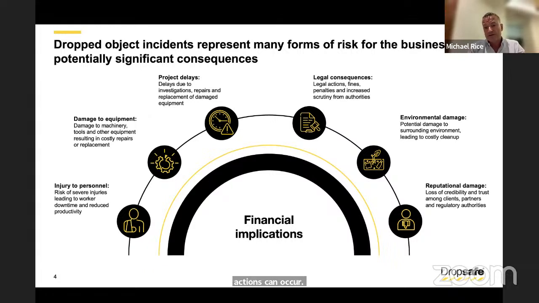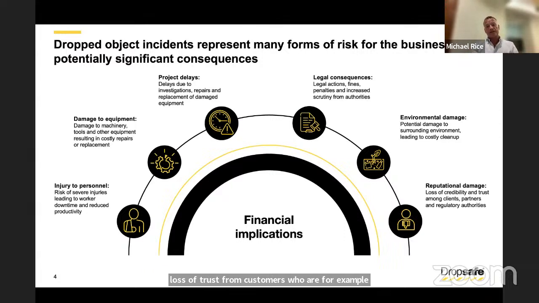You may also find that there's some environmental damage from certain drops or spills, which could lead to costly cleanups. And also, fairly importantly, if a company has a fairly poor safety standard, especially around dropped objects, and primarily in industries like drilling, then this could have significant reputational damage and the potential loss of trust from customers who are, for example, contracting the rigs.